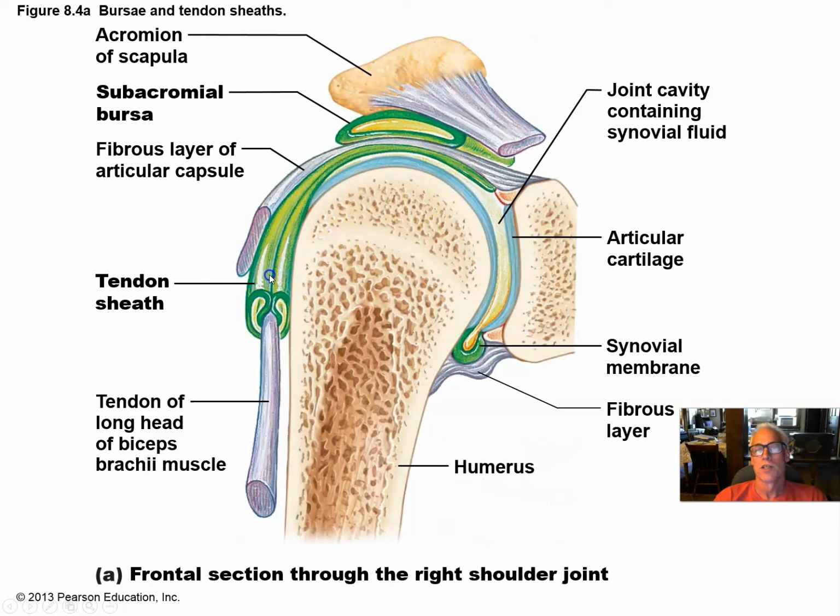The tendon sheath is just sort of an elongated cylindrical version of a bursa. You can see this tendon of the biceps muscle wraps right over the head of the humerus and attaches onto the scapula just superior to the glenohumeral joint here, the glenoid fossa. And there's not much space in there beneath the acromion, and there's another layer of tissue here, the joint capsule, and so we don't want those two long, extended connective tissue structures to rub.